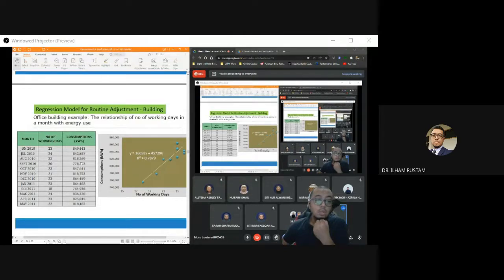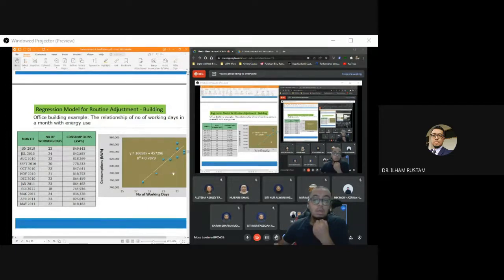So it's almost the least amount of energy being used, except for February, where it's only 18 days. The second least amount of energy is consumed in September, because there's a relationship between occupancy rate and energy consumption.